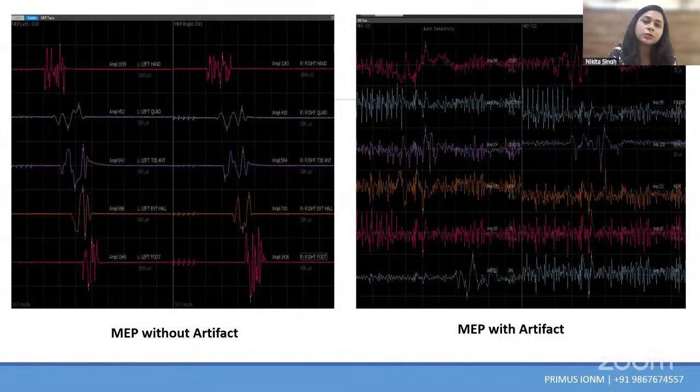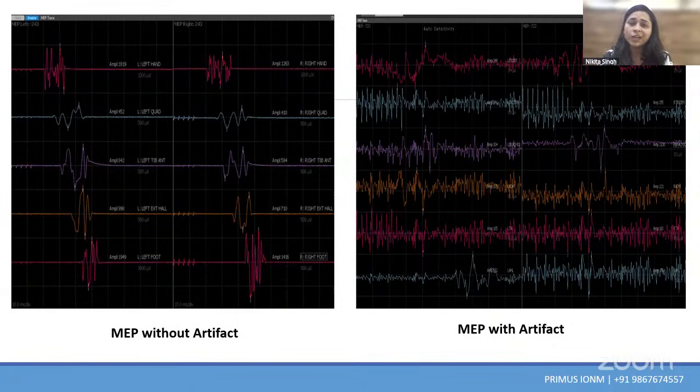So these are two responses of MEP. The first image shows an MEP without artifact and the second shows an MEP with an artifact. In the first image, it is very clear that the responses from the muscles are very crisp and clear. In the second image, you can see a lot of artifacts along with the MEP responses.